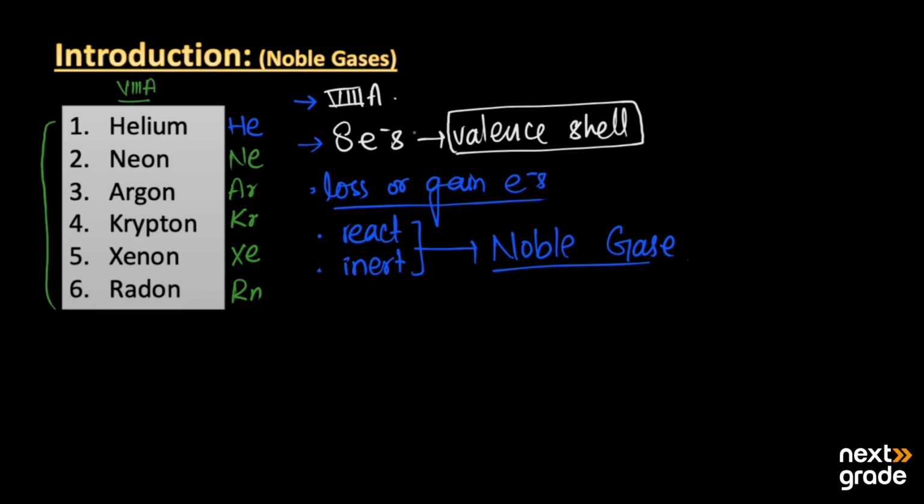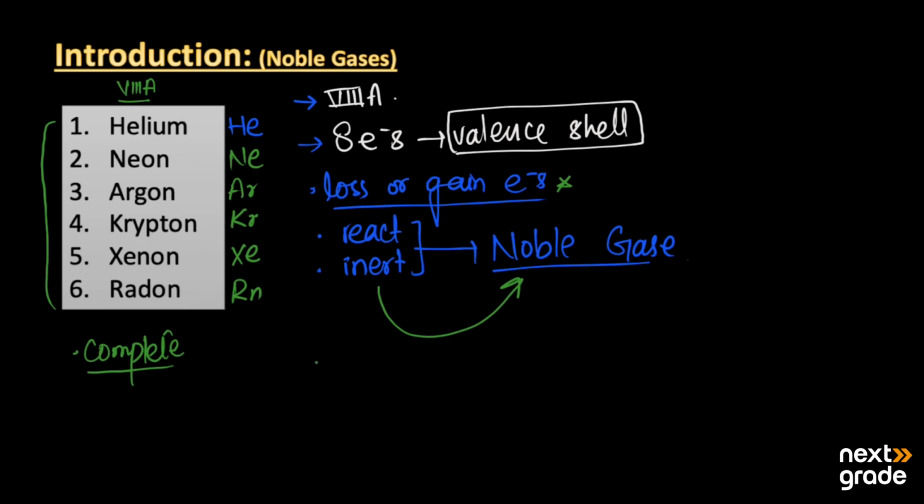All of them have 8 electrons in their valence shell. Their valence shell is complete. So they do not need to gain or lose electrons. So that's why they do not react chemically and they are called inert gases, and for their inertness they are called noble gases.